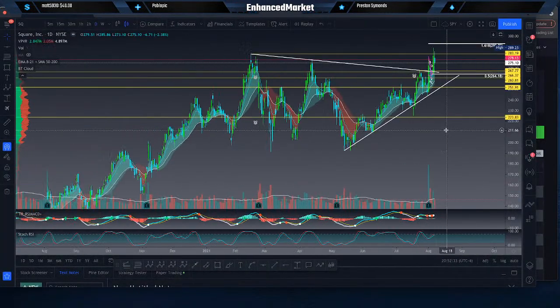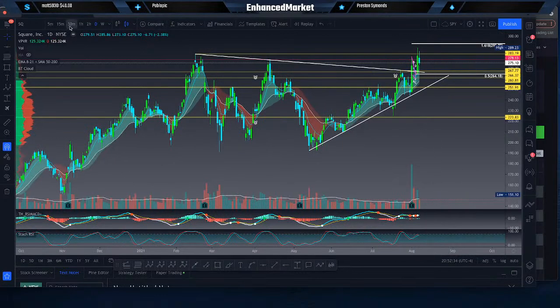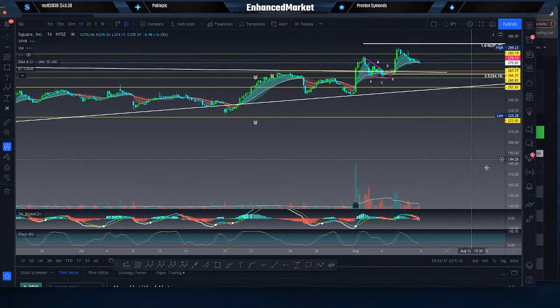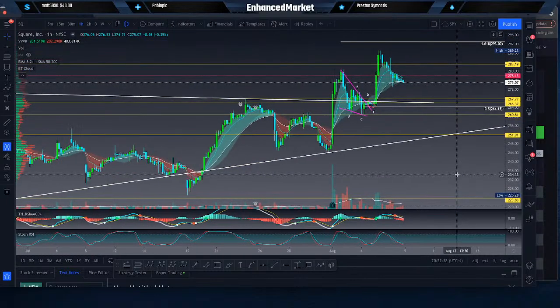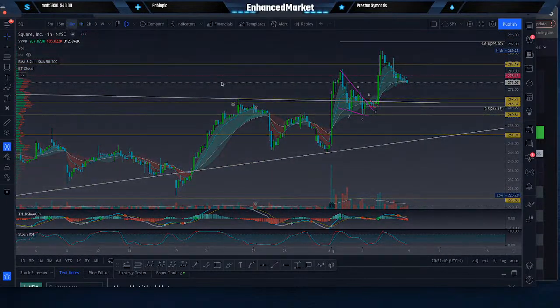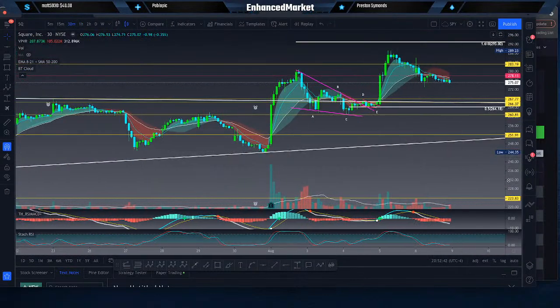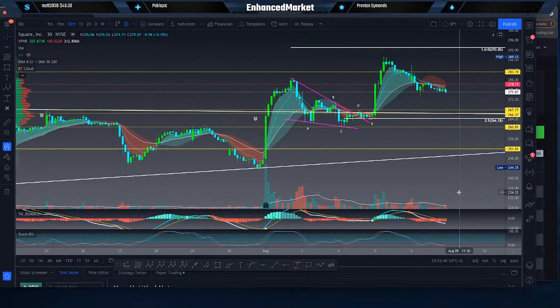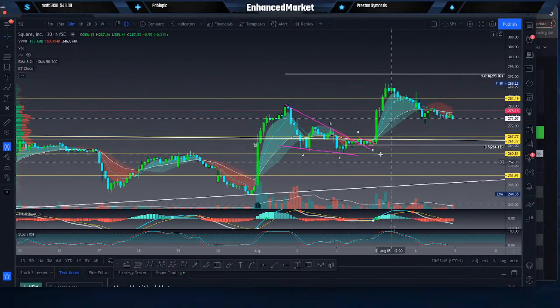Square, that was an amazing play by Sea Blast. Unbelievable play. I started with 5 contracts when he called it out. I don't remember where he called it out. I think it was right here, maybe right on the break.